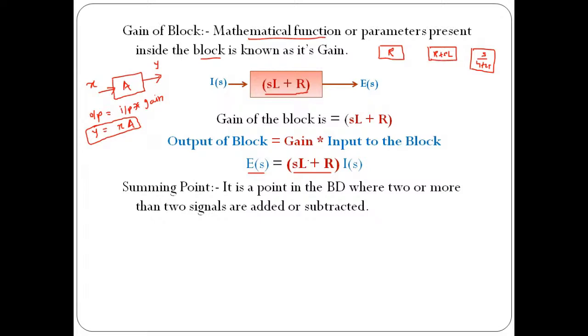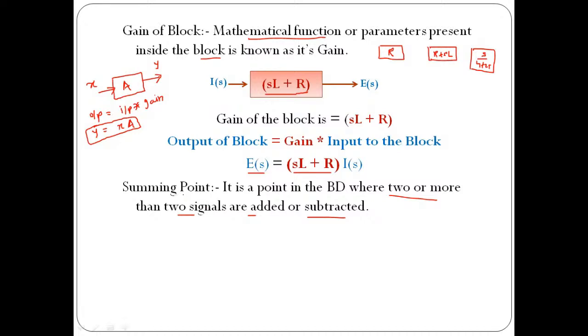Now let us discuss what exactly a summing point is. The summing point plays a very important role in the block diagram representation of a system. A summing point is a point in a block diagram where two or more signals are added or subtracted. It is a point commonly mentioned in the block diagram representation technique to add or subtract two or more signals at a time.